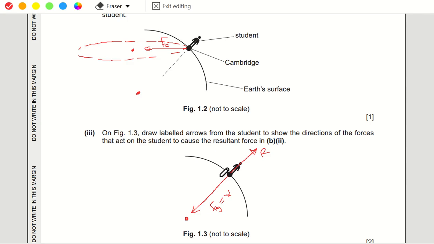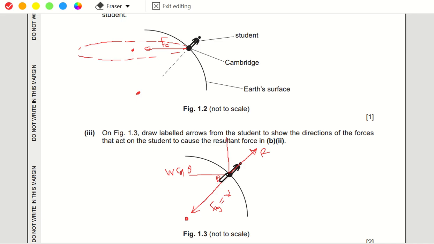We need to resolve both of them into the direction towards the center and the direction perpendicular to the direction towards the center. Where are the force components that contribute to FC? If we let this angle be theta, it will be W cosine theta.